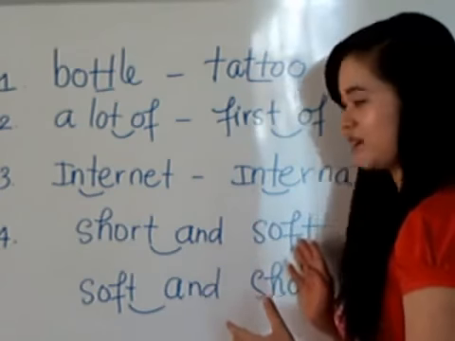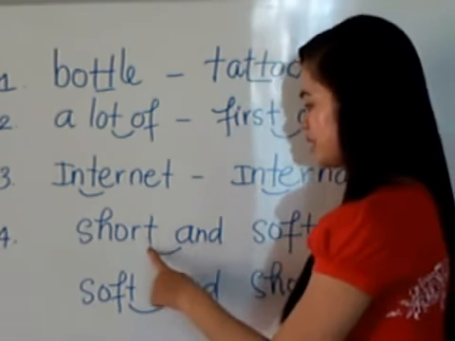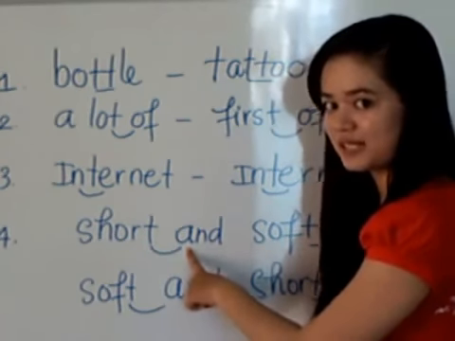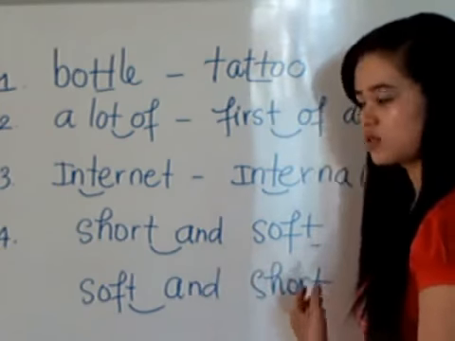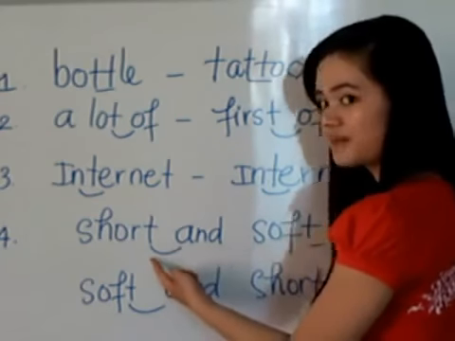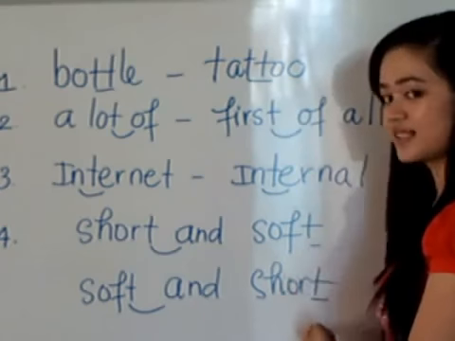The first one, how do you pronounce it? Look at this. This is a vowel. This is the letter T. And when T goes before the vowel, then you have to use flat T. Listen, you have to say short and soft. Short and soft. This one, flat T, and here is true T. How about the second?